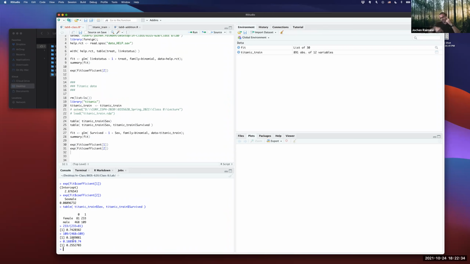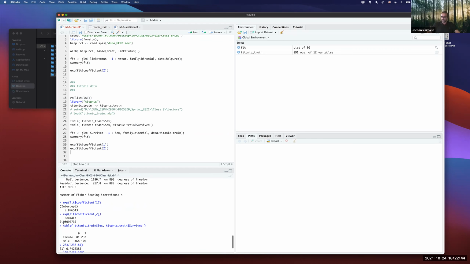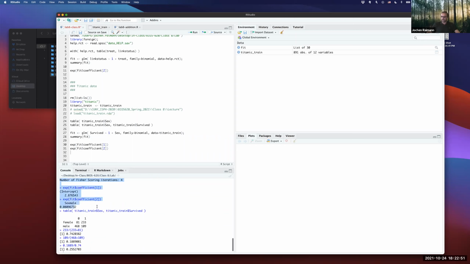It's still throwing me off. I still would have coded it differently, but it doesn't matter. Okay, let's run with it. So this is how you need to interpret it. This is how it was shown for males in the logistic regression.